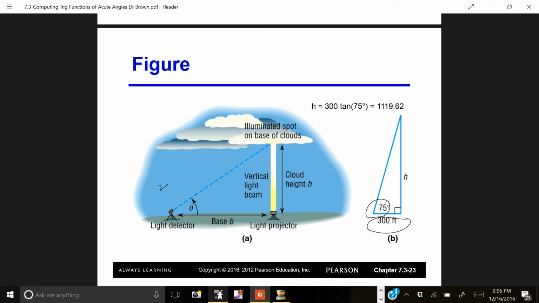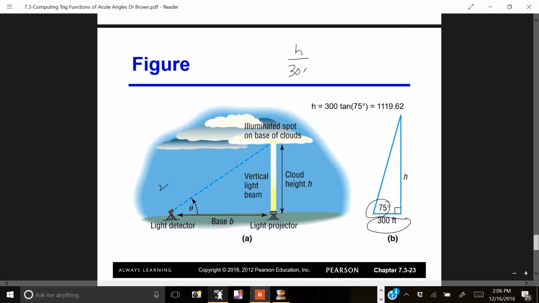You can then write that h over 300, which is opposite over adjacent, is equal to the tangent of 75 degrees, or h equals 300 tangent 75. Putting this in your calculator, and I'll ask you to do it now, you'll get that the answer is 1119.62 meters, or feet.